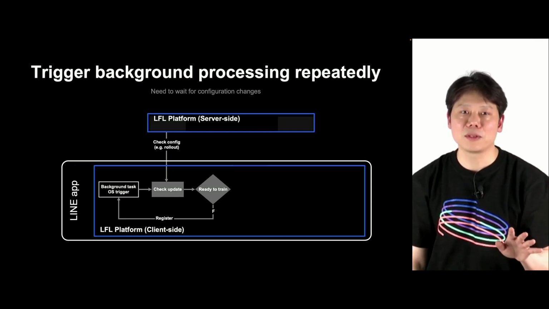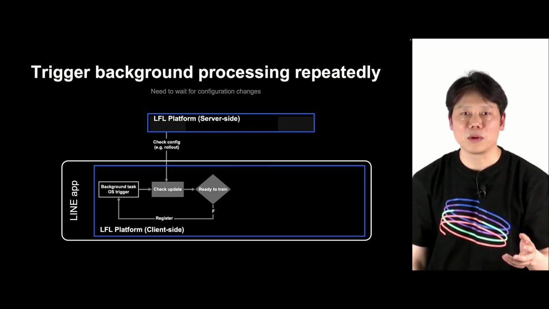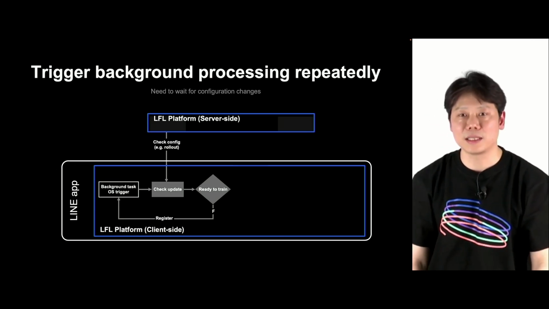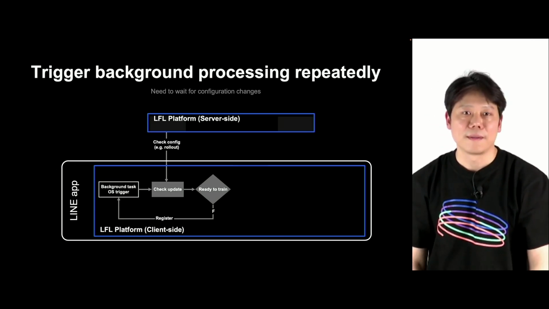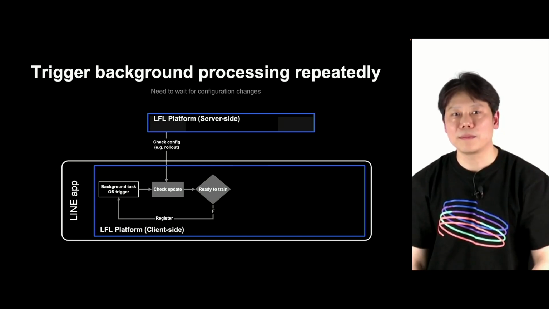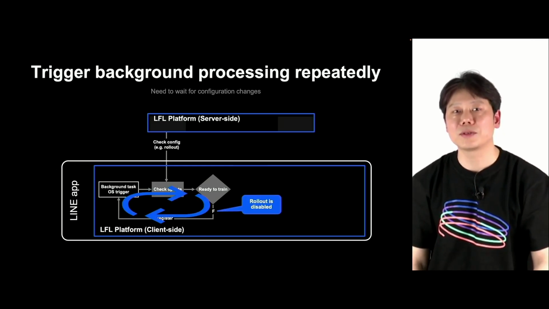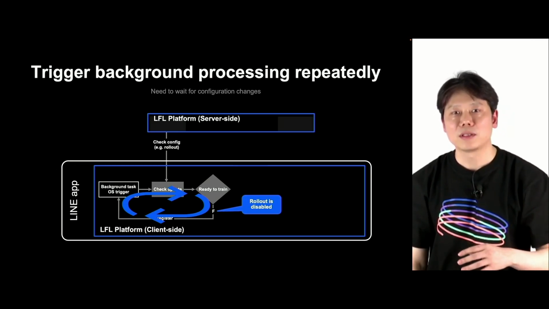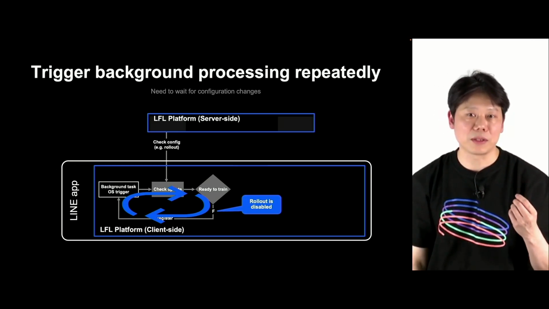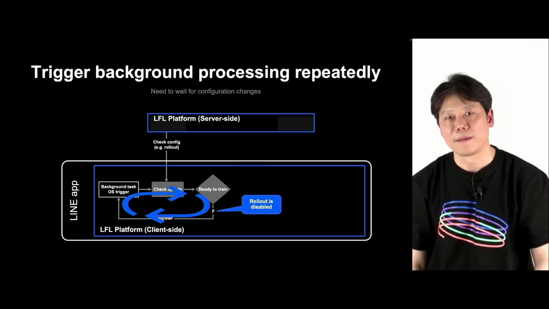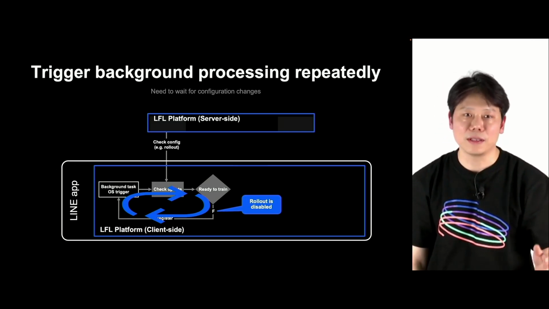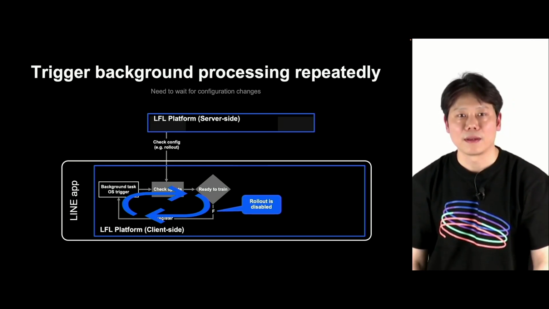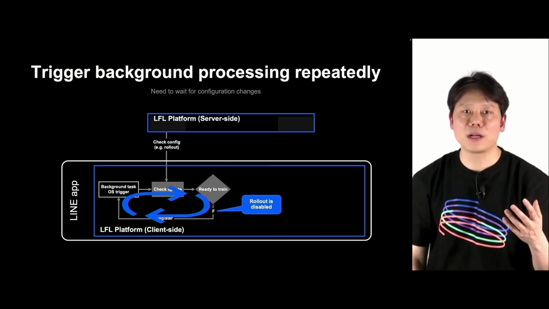In the case of rollout, as you can see in the picture, when the background work begins, new rollout values come from the server, and the determination whether learning should be done or not is made here. But if the rollout value is not met and so the learning cannot begin, the background work will be done repeatedly, and it will try to receive the new rollout value from the server. And so the mobile device and the server will actually have excessive load.